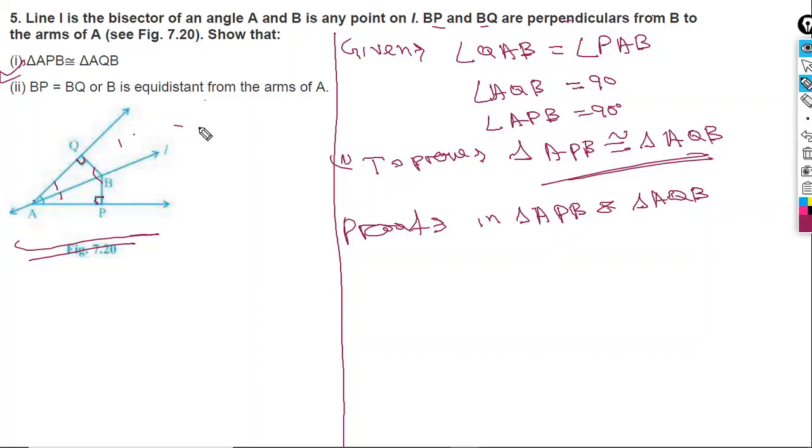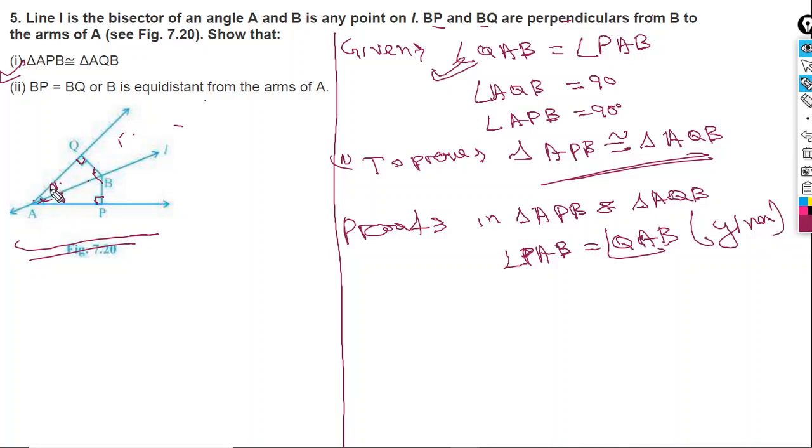Now look at the figure. Angle PAB equals angle QAB. Why? It is given to us. Just write the reason: given.